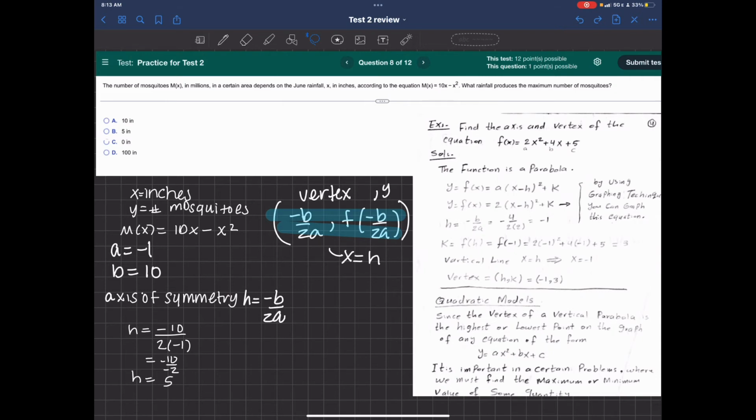So this h is going to go back into the original equation, right here. Remember, h is the same thing as x. So let's do that together.